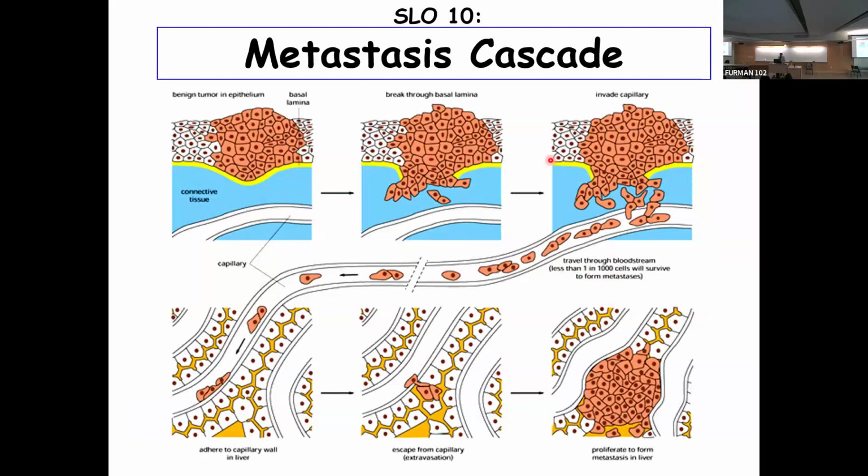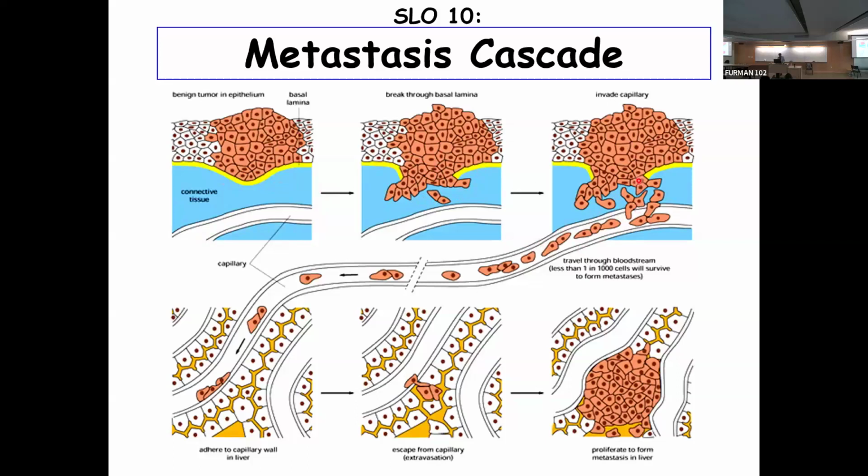Now, this slide tells you everything that I'm going to say after this. In a benign tumor, where the tumor is confined and you have limited blood flow, everything looks good. As there is a breakdown of the basement membrane and disintegration of the cells, these capillaries, which are blood vessels with pericytes, show increased sprouting.